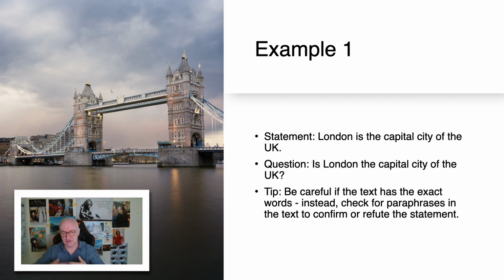Even though we know that London belongs to the UK and is the capital city, we can only go by the information in the text. We can't bring any external knowledge into this. We're also going to be very careful for the way they present the information. So we're looking not for the words that are an exact match, but paraphrases of London, capital city.